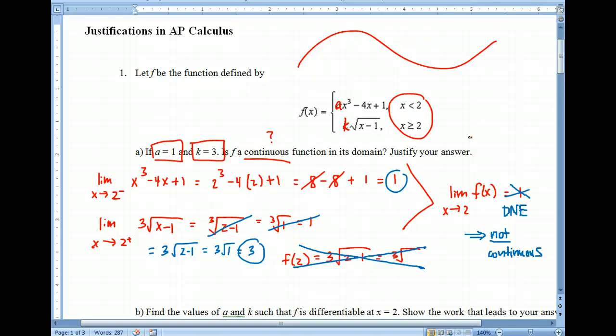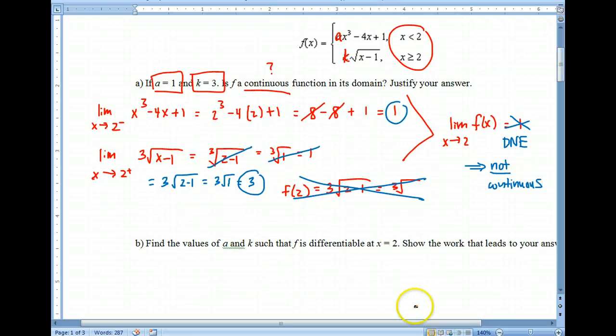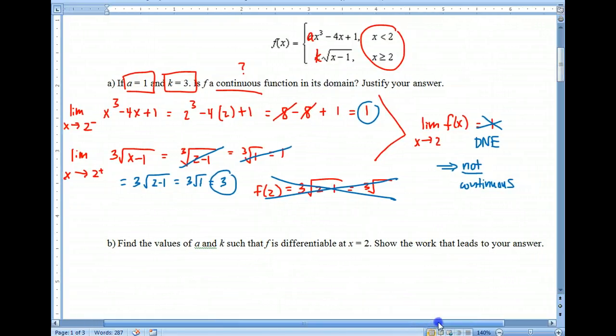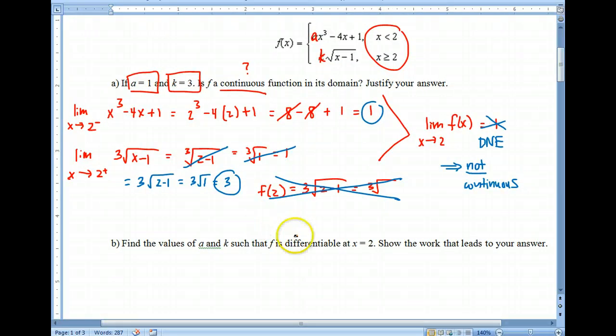Any questions? What about this next one? If I want it to be differentiable, what do we need to look at? Look at the continuity. Is it?